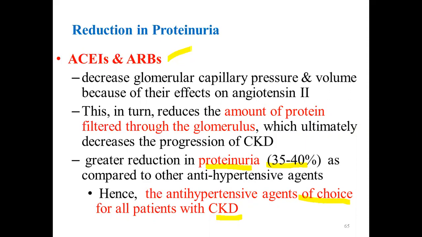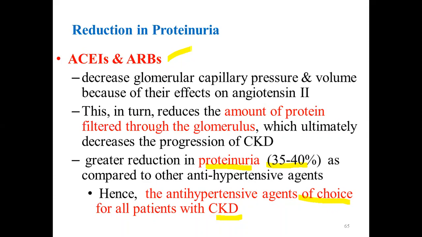Some physicians say that because the kidney has already failed, what is the problem with giving ACE inhibitors and ARBs to control the blood pressure? That is their thought. But when you look at the evidence-based clinical trials, there is no actual evidence. It can even worsen the condition.